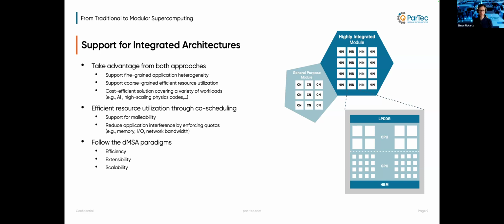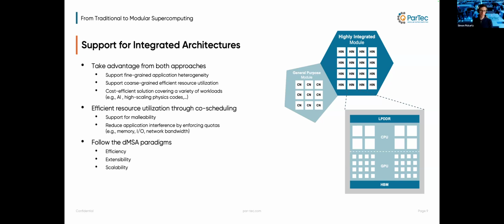So meaning that we might think about a solution where we have a highly integrated module, which features both classical compute and accelerator resources, but perhaps also an additional general purpose module, which has some other characteristics with respect to the classical compute resources, for example, featuring a higher memory bandwidth.